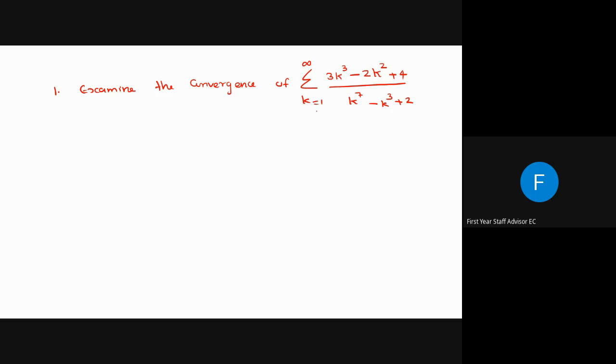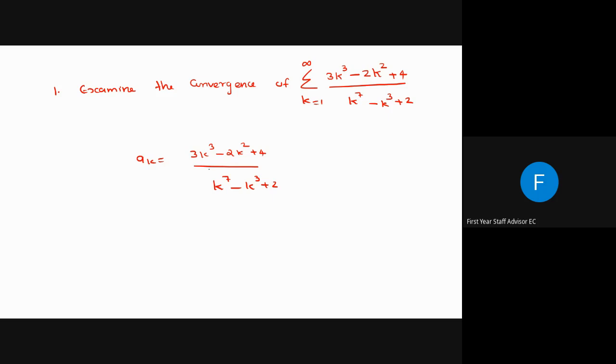This type of question is given. First you find an and bn. Take ak as the given series, that is 3k cube minus 2k square plus 4 by k raised to 7 minus k cube plus 2.